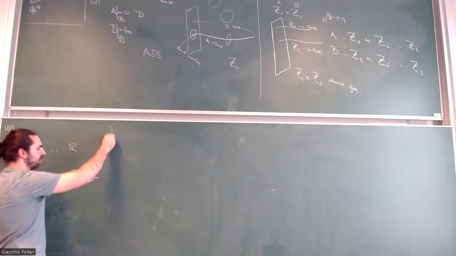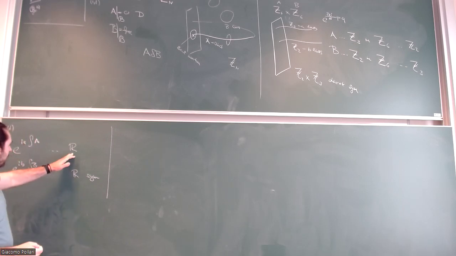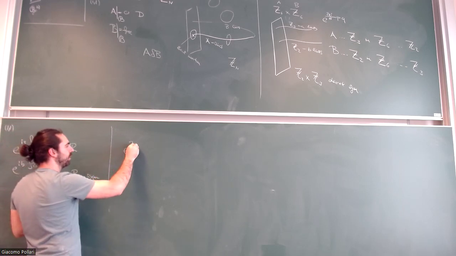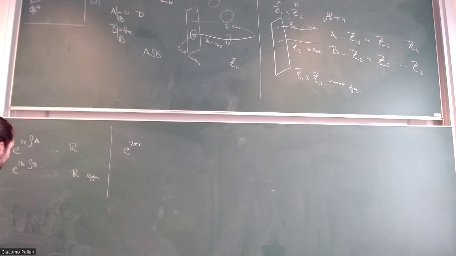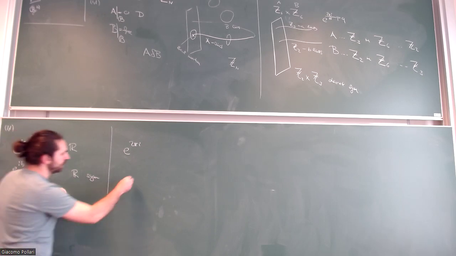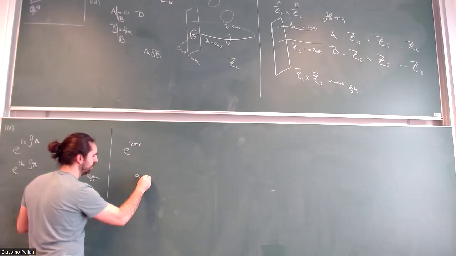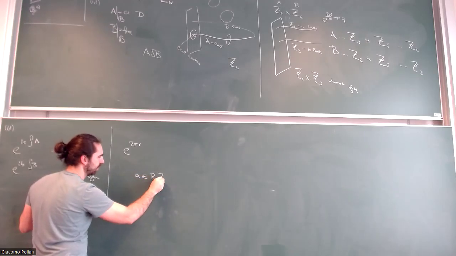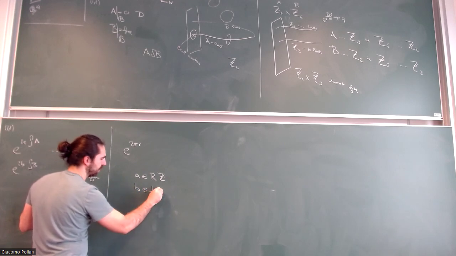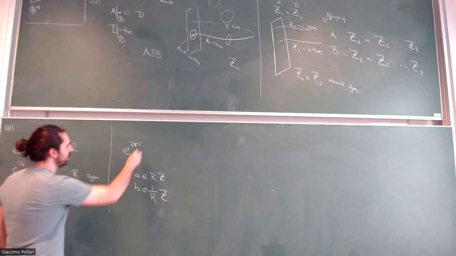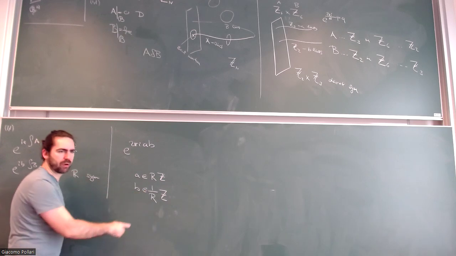I can do something more interesting, and that is to do this mixed boundary condition. If I look at this 2 pi, I can allow for A to be in R times Z and B being one of them R times Z. So this R is a parameter for now.